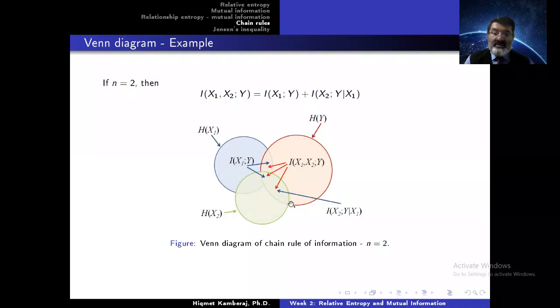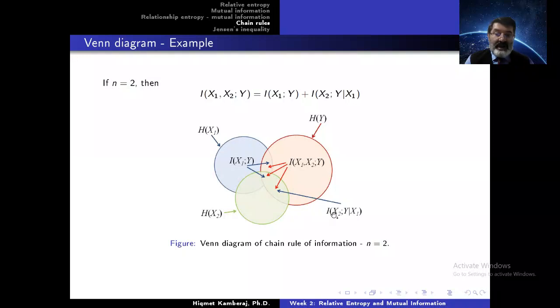Then I am representing the second term on the right hand side, the mutual information between x2 and y given x1. Then what is this term? This will be the mutual information between x2 and y given x1. So you first find the mutual information between x2 and y and subtract the x1 part.